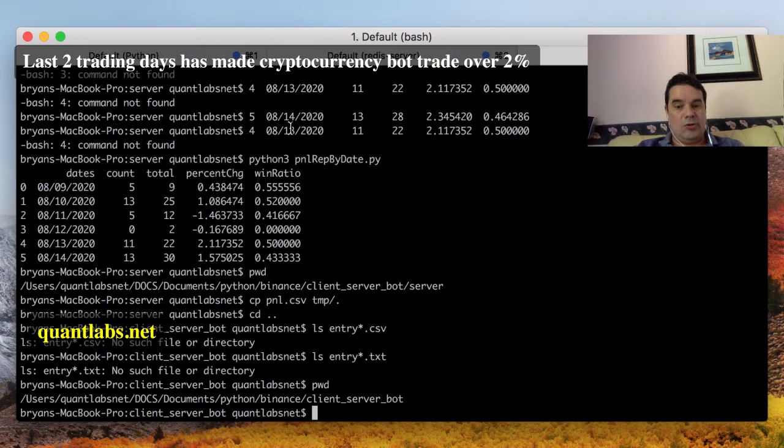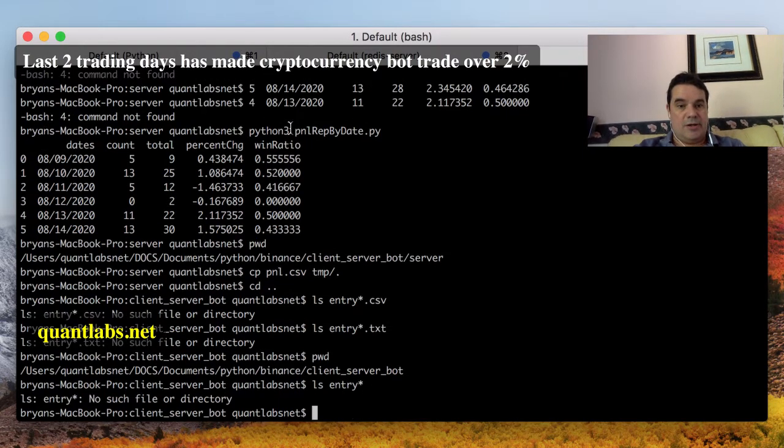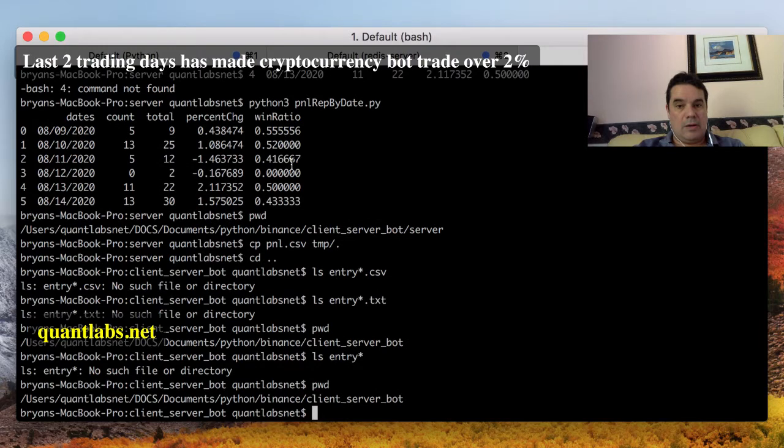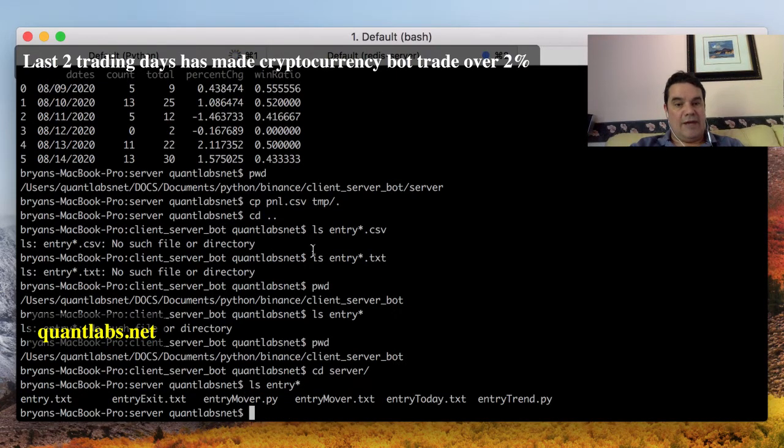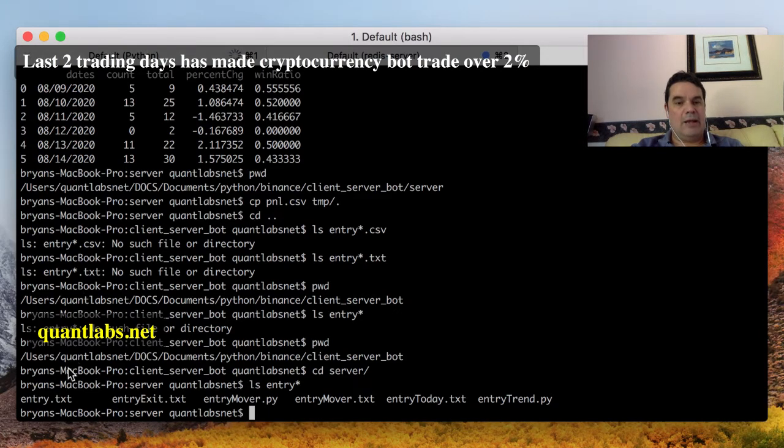Oh, the wrong directory. So I have different types of entries now. So I have an entry based upon just the standard entry I've been using for a while. Very conservative, but it can work.